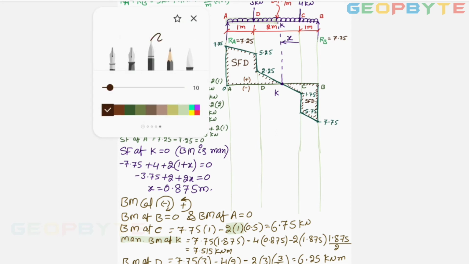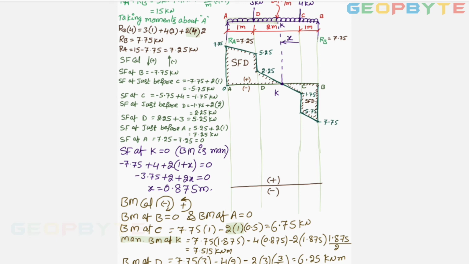BM diagram. For that, I should extend the vertical lines like this. The reference line should be taken such that bending moment should be drawn above the reference line only, because bending moment values are positive, therefore above the reference line only.